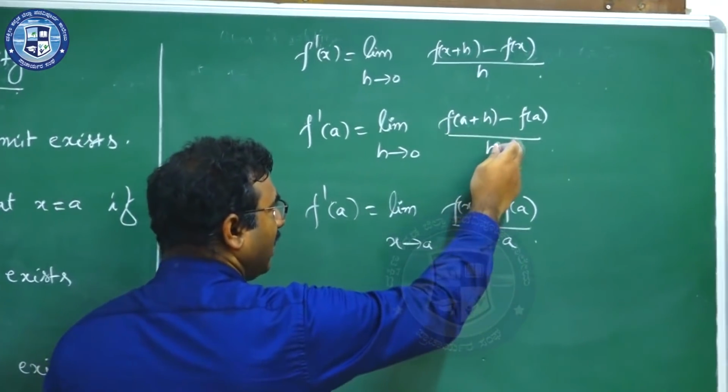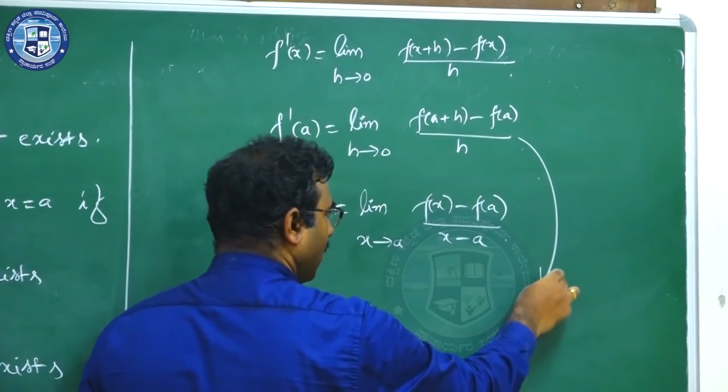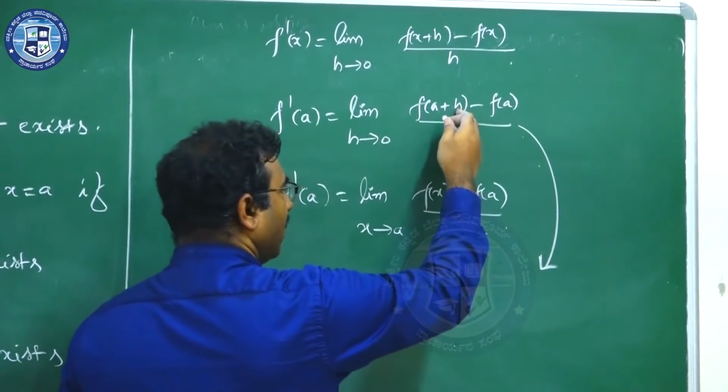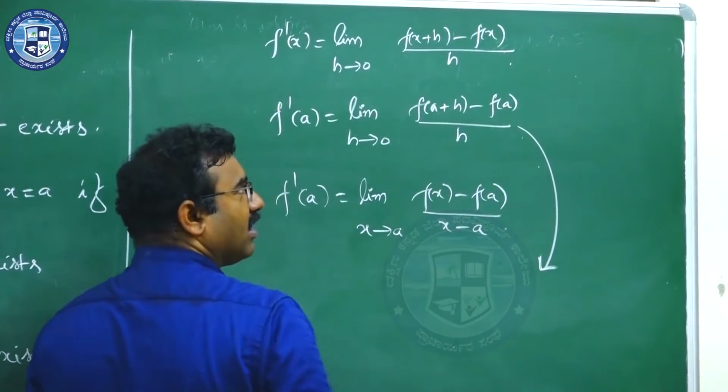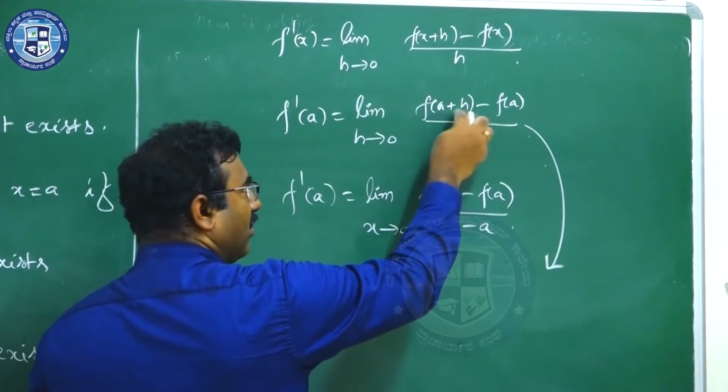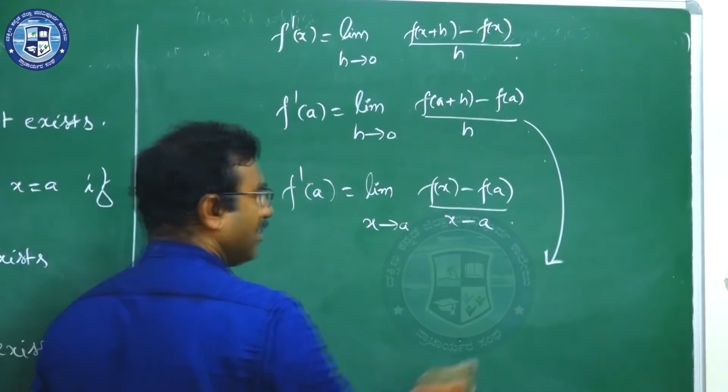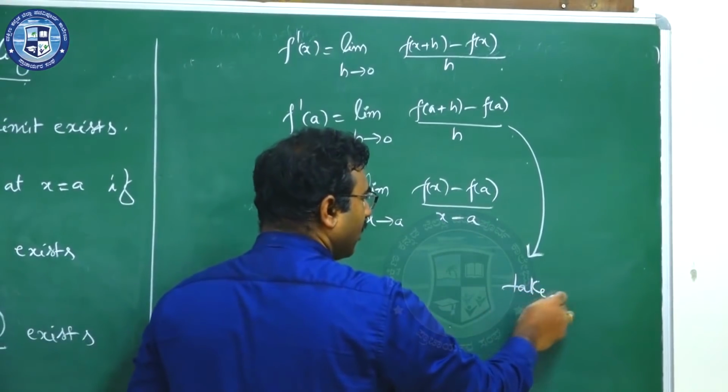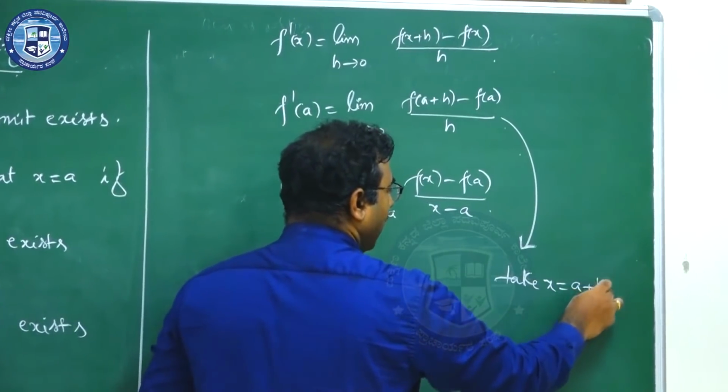Okay. So in this formula, wherever a plus h is present, in that place I take it as x. I take x is equal to a plus h.